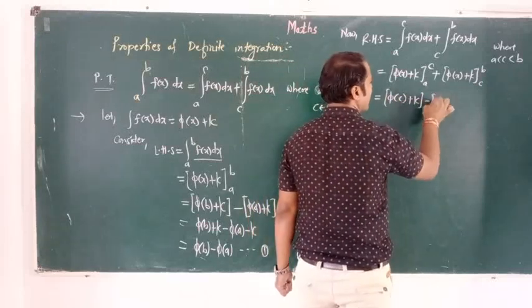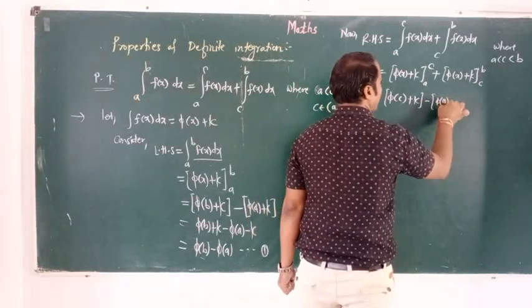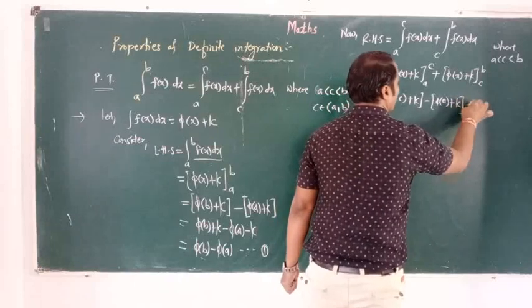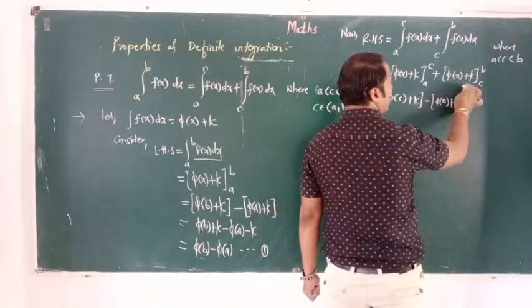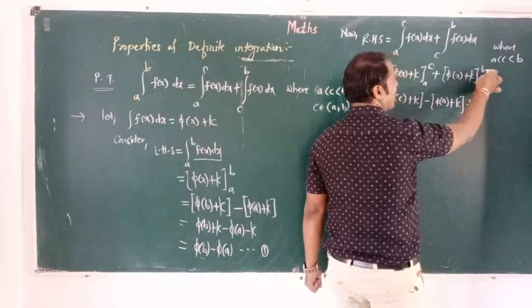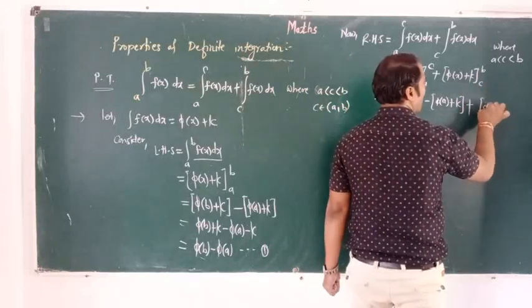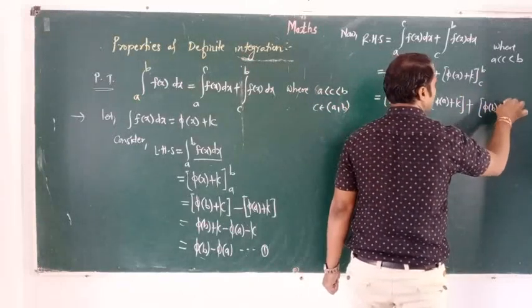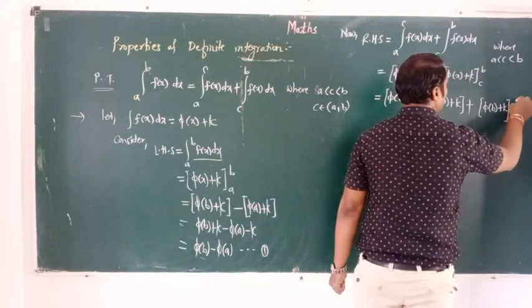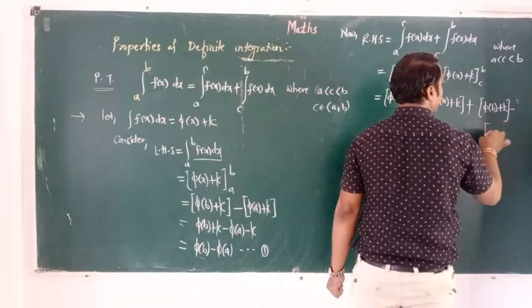Lower limit is a: phi of A plus K. Plus, for the second primitive, value of the primitive at upper limit phi of B plus K minus value of the primitive at lower limit. Lower limit is what?